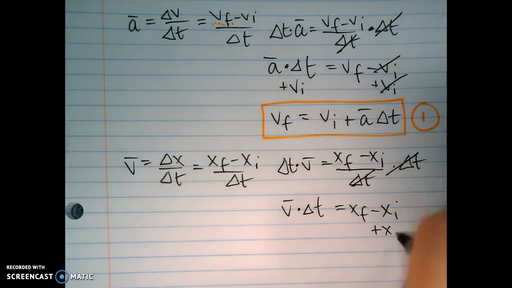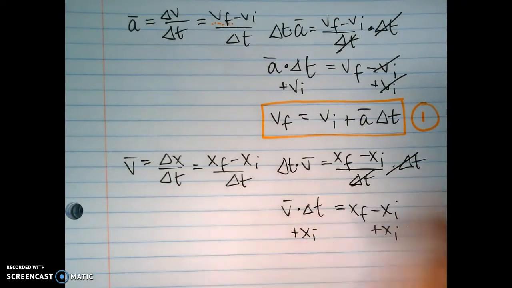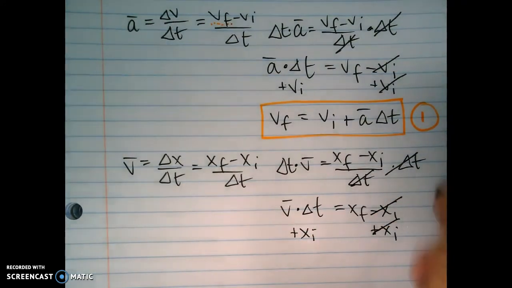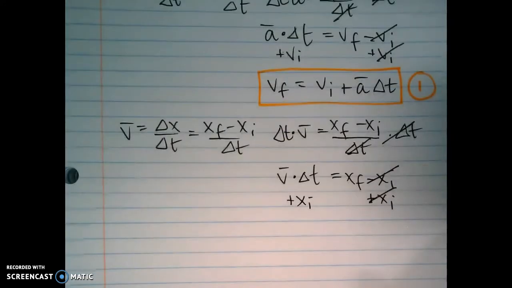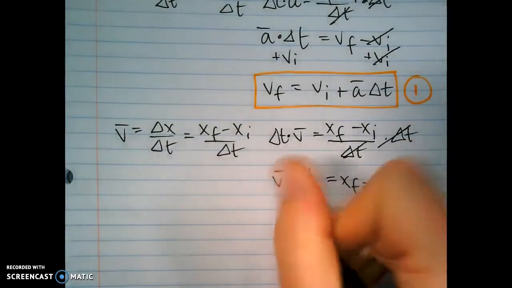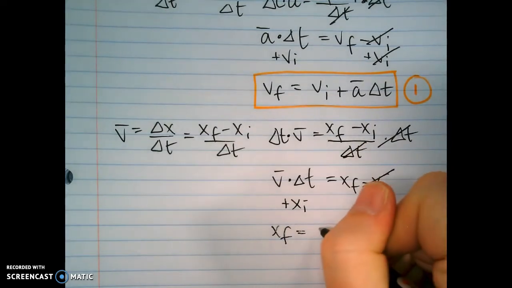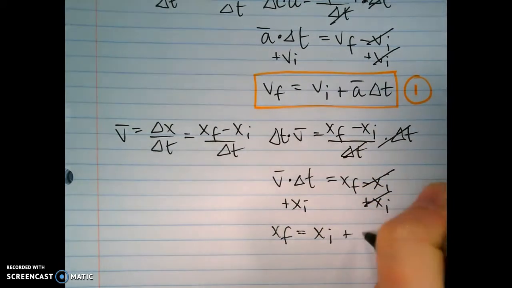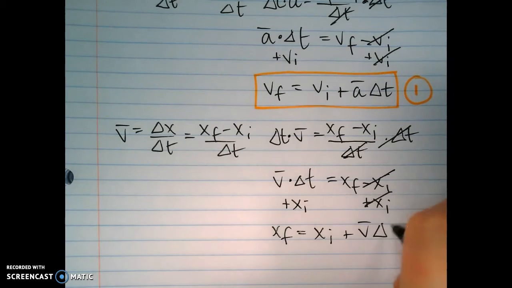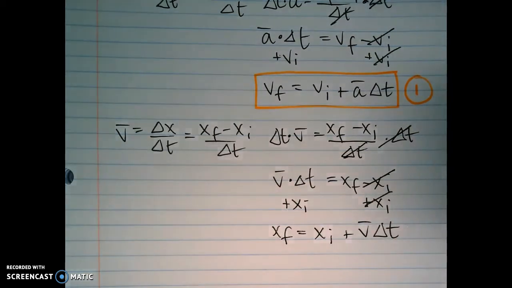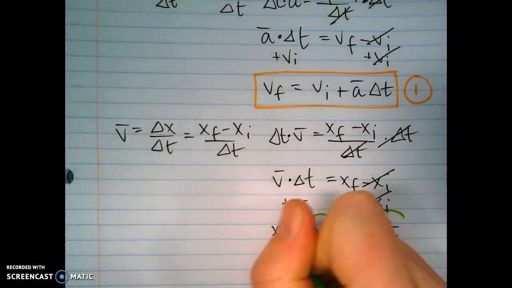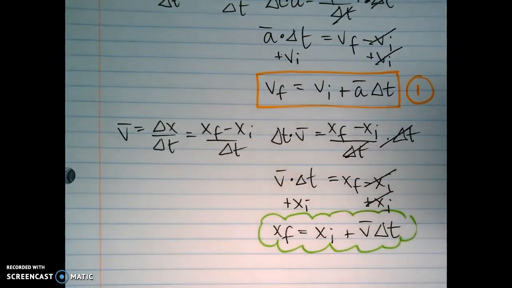I'm going to get rid of that initial position by adding it to both sides, so I'm undoing my algebraic operation. I'm going to flip this equation around so that the value I was solving for is listed first. So I'm going to use this equation in combination with equation 1 to find something new.